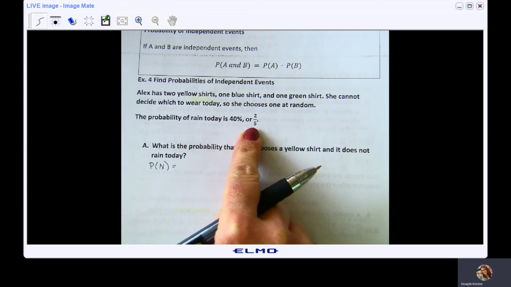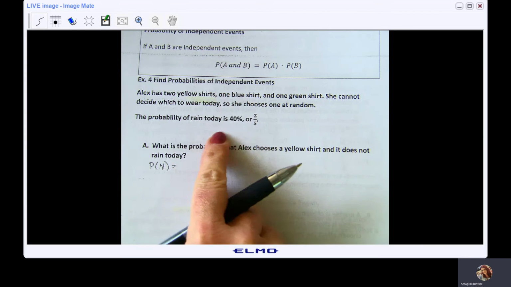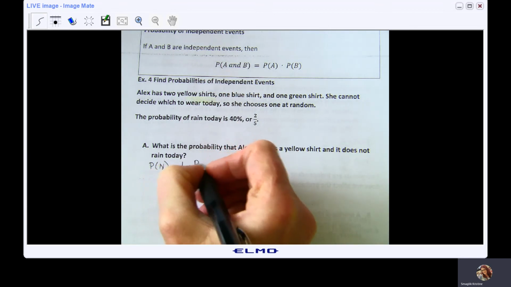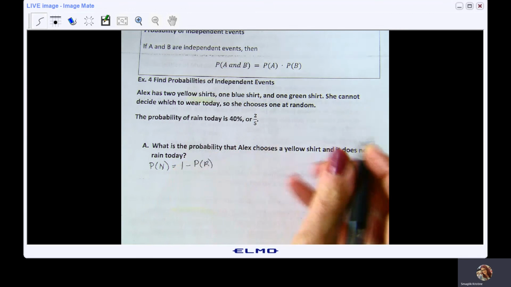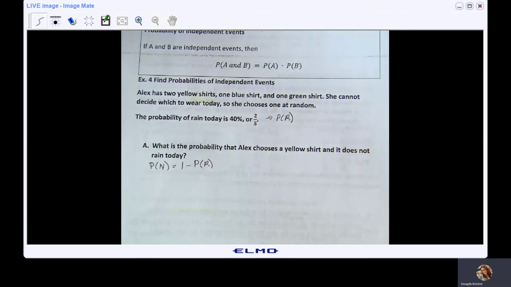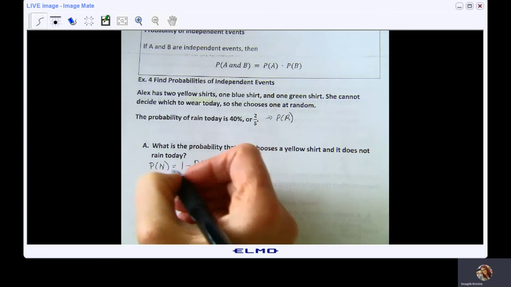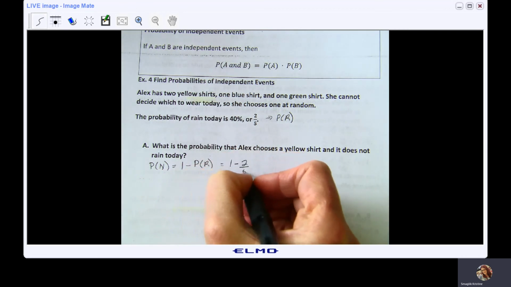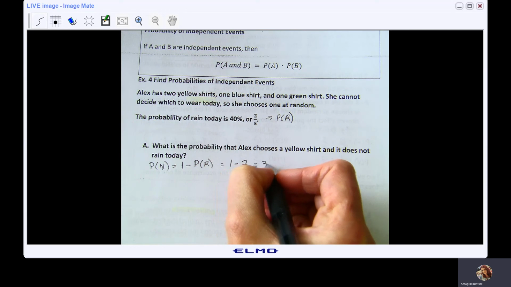So I'm going to use this as the complement, 1 minus the probability that it will rain. That equals 1 minus 2/5, which is 3/5.